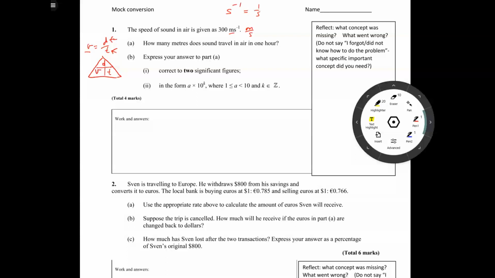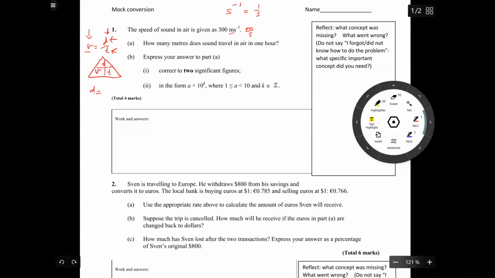For example, let's pretend that I am going to cover up the V. If I cover up the V, do you see what's left over? It's D over T. So basically, if V is on the left side, I cover the V, and then D over T is remaining, just like here on the right side. What if I want to find out what D is equal to?